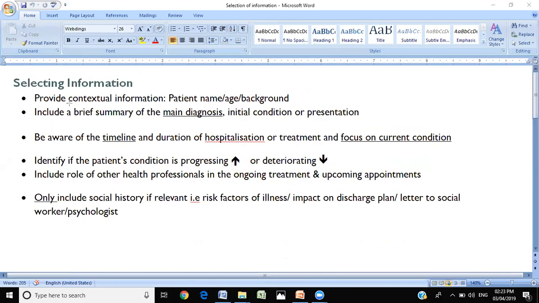So provide contextual information, because when we are introducing the patient, we need to provide the background. So contextual information, then include a brief summary of main diagnosis, initial condition, or presentation.